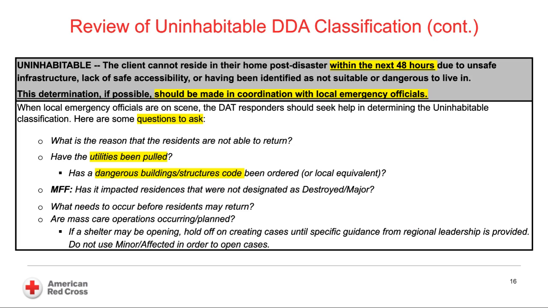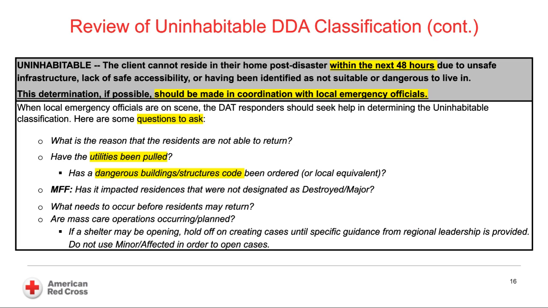The ability to return home safely within 48 hours is a key trigger for uninhabitable. So again, this is why it's so important to have the input of those officials when making this determination as much as possible. They often have the most objective perspective on the situation and can assess safety conditions and timeframes for a return home for the clients.